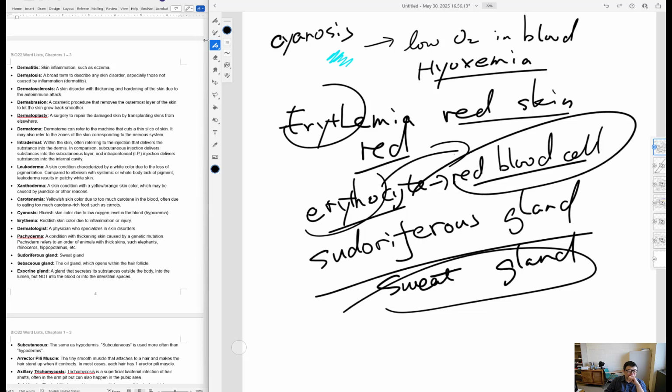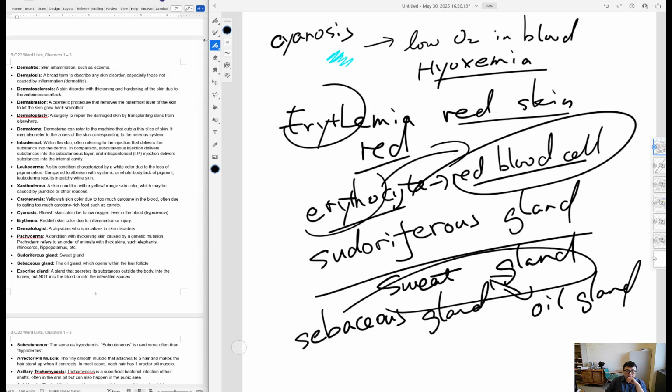And then compared to sweat gland, another one, sebaceous gland. It's interesting. Sebaceous gland is also called oil gland. Usually they use sweat gland or oil gland, however, in many cases they use sweat gland and sebaceous gland. I guess sebaceous gland is easier to mention, and it's the oil gland because it produces sebum.